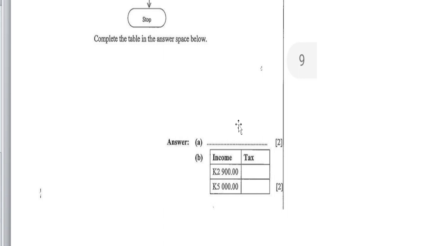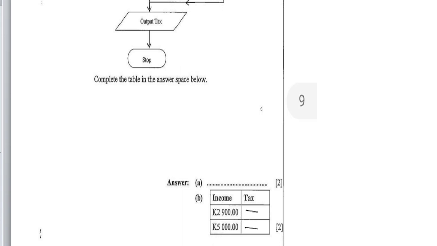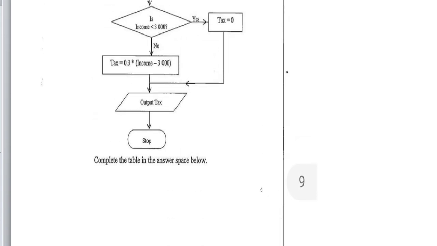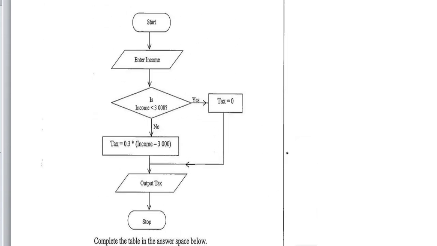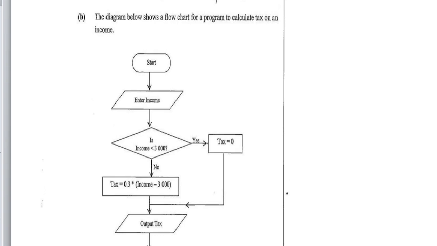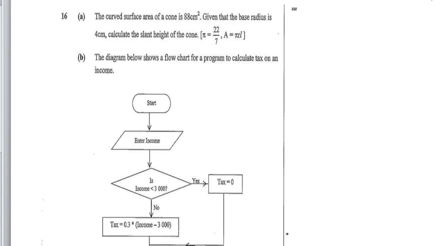So the only thing you need to do is complete the table, because the flowchart has already been put for you. You have to put something here and something there based on the flowchart. Once you do that, you are well and good. Just follow it, and it will give you a guide. So that's basically it.